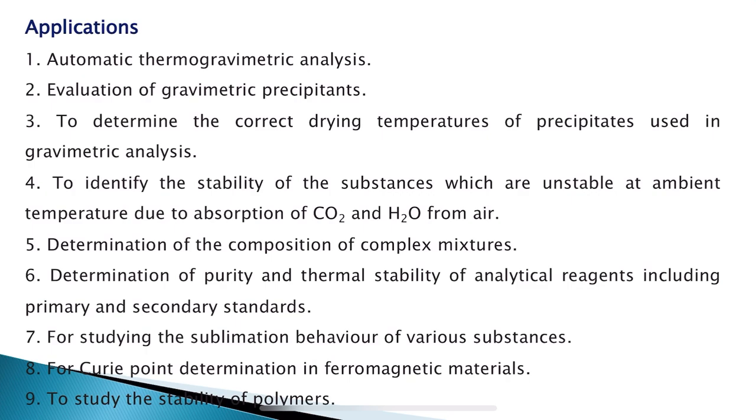This is studied in inorganic chemistry. The Curie point means the temperature above which certain materials lose their permanent magnetic properties, in other words, when the permanent magnetic properties are removed, induced magnetism is seen in such materials. So, this is what is called the Curie temperature.